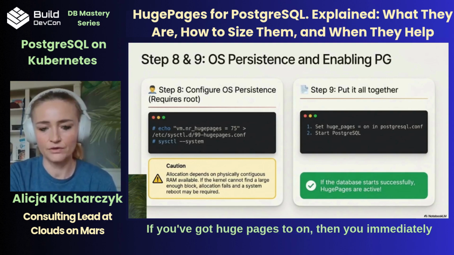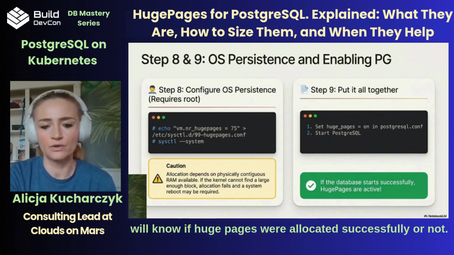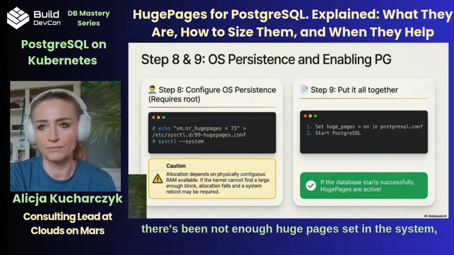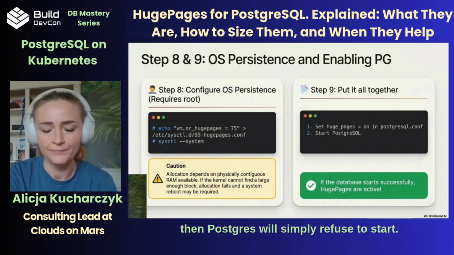If you've set HugePages to on, then you will immediately know if HugePages were allocated successfully or not. Because if there was a problem and not enough HugePages were set in the system, then Postgres will simply refuse to start.